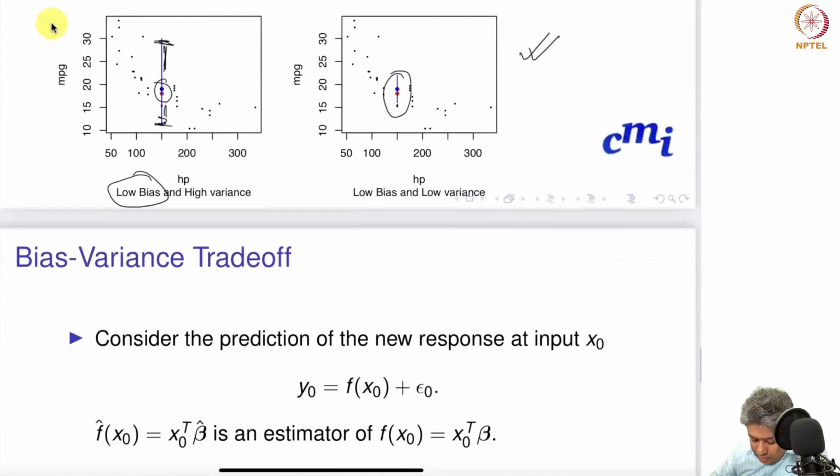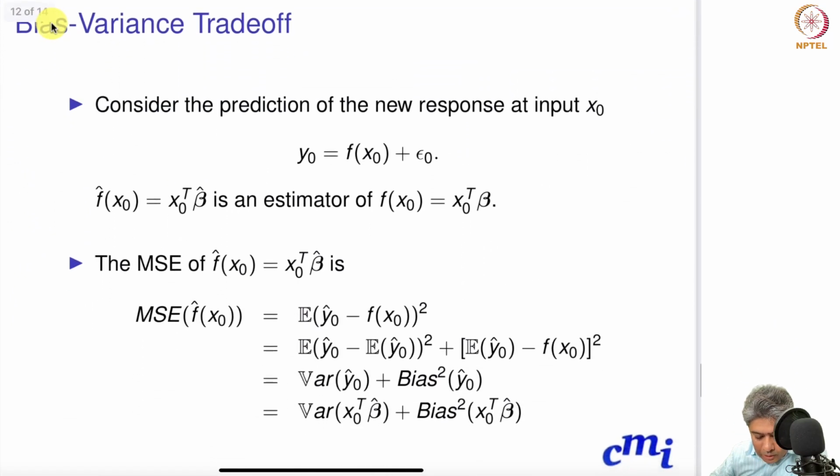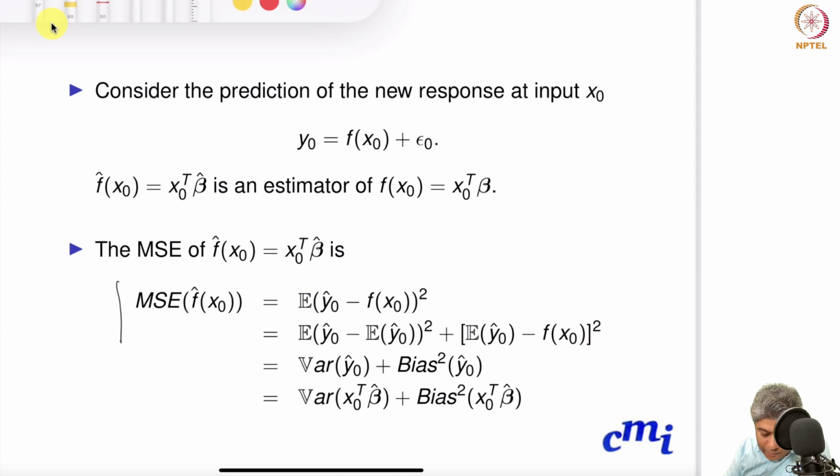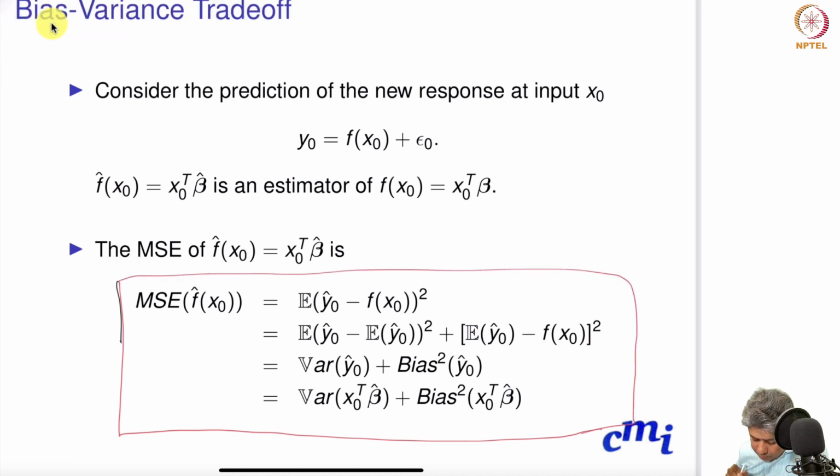So what people try to do is first define bias and variance with respect to mean square error. Mean square error is a function of the variance of x naught beta hat and bias square.